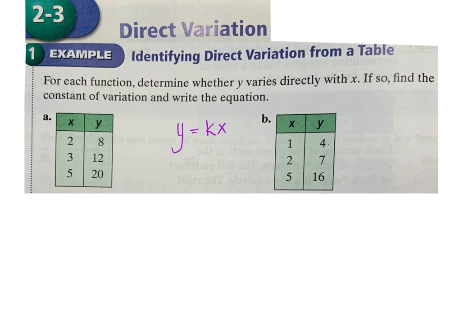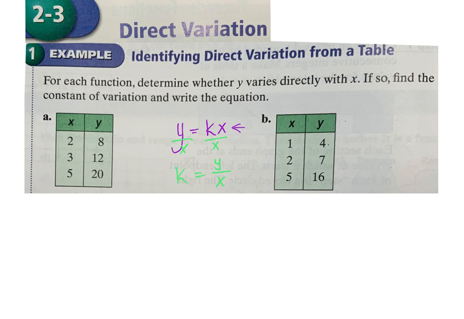So the easiest way to do this is to say, well, what is k? If I were to look at this equation and ask how do I solve for k, what would you do to get k by itself? Yeah, I'm going to divide by x. So k is going to equal y divided by x, right? So all I have to do on this a and this b is take y divided by x and see if they're all the same thing.